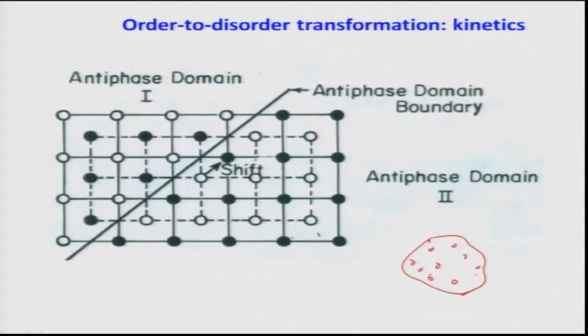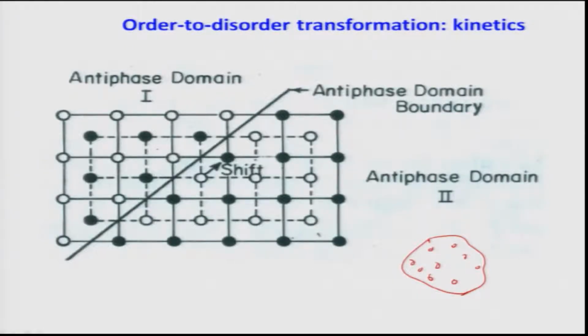That can be easily explained by looking at these sublattices. Let us consider that these closed atoms are gold, the other closed atoms are copper, and these open atoms are gold. You can see here I have superimposed the two-dimensional projections of the gold sublattice and the copper sublattice.